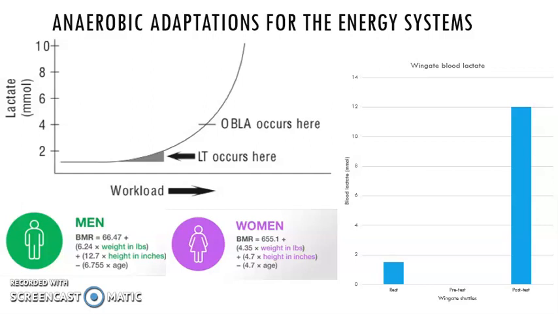And for women, it's slightly different. You can see it's 655.1 divided by 4.35 times the weight in pounds. Divide that by 4.7 times the height in inches, and then again minus by 4.7 times their age.